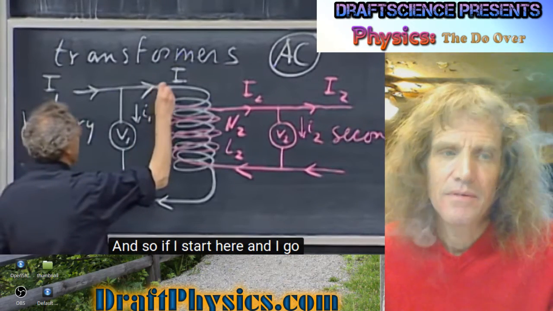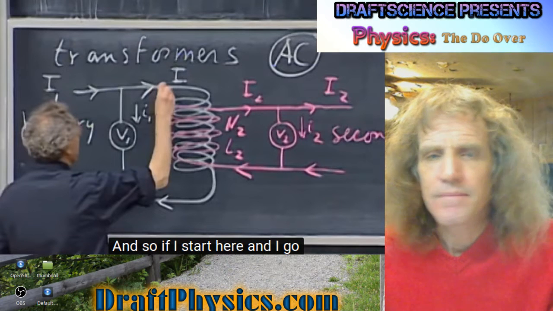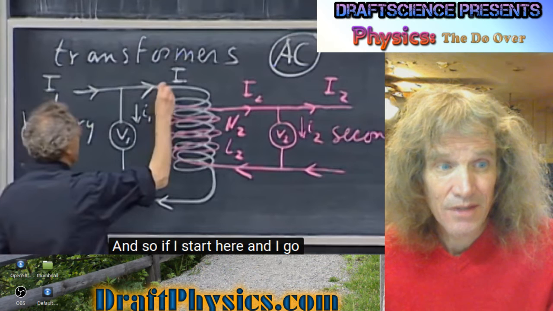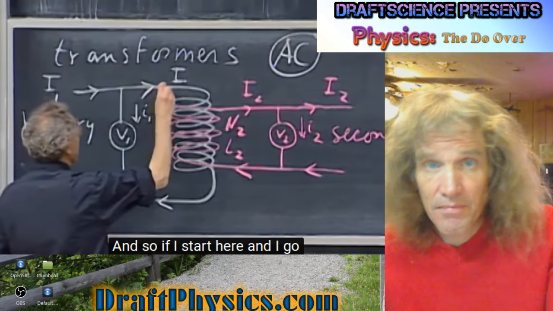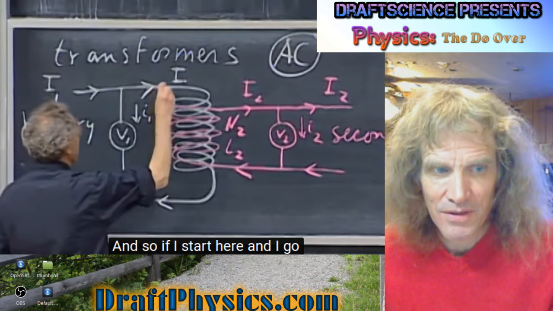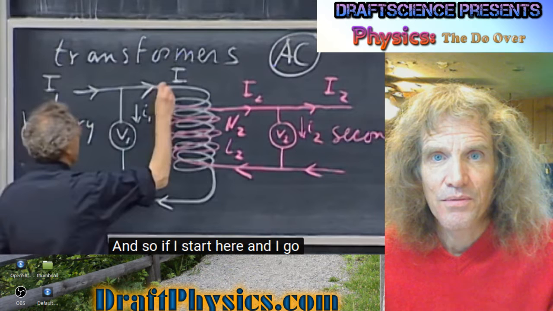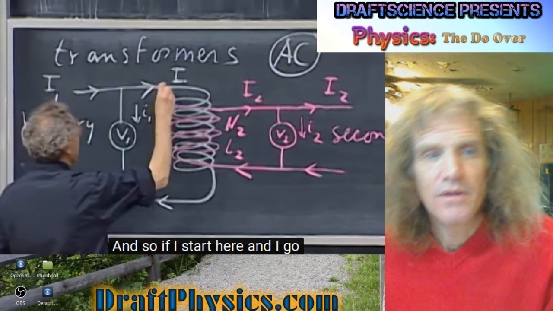Pulsed DC works too. The tricky words here, it's interrupted voltage. Essentially, all you have to do is interrupt the voltage, up and down, any kind of variation in the voltage.